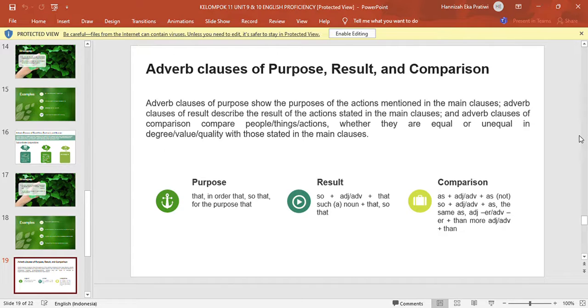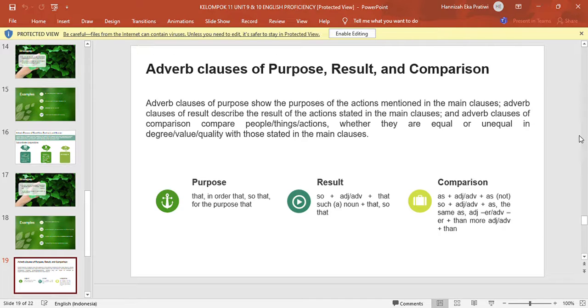And next, Dr. Suriana. Okay, for the next material, we will present about adverb clauses of purpose, result, and comparison. Adverb clauses of purpose show the purposes of the actions mentioned in the main clause.